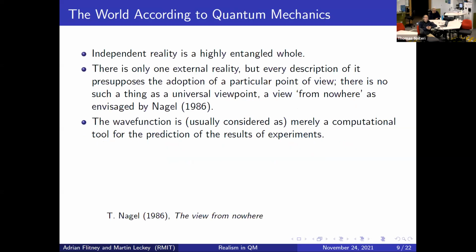Next slide. So we have this world according to quantum mechanics. We have a highly entangled whole. And if we are true to quantum mechanics, because there's no such thing as a system that has no interactions with its environment, we really have to write down a single wave function for the whole universe.